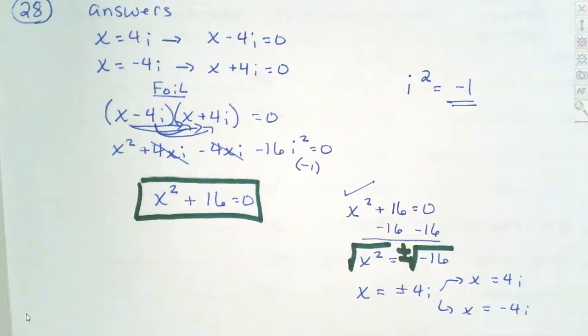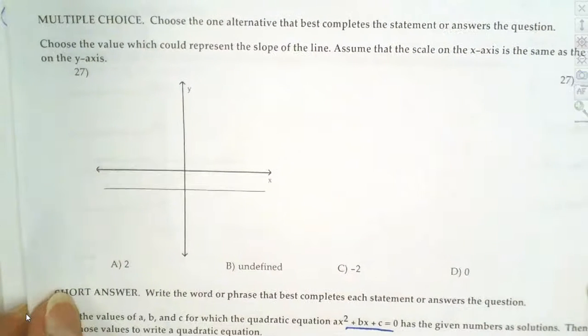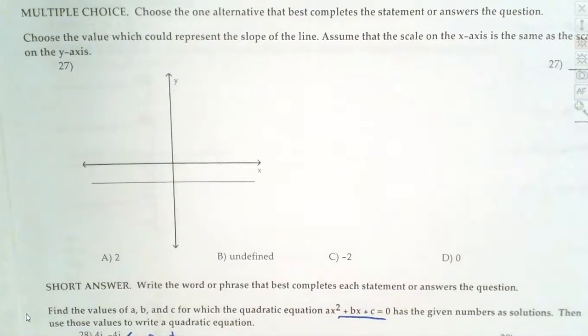I think that should take care of most of these. Let's just talk about 27 quickly. It's very, very easy. Which one of these do you think is the correct choice for 27? I don't want you to miss this question. Yep, it's a horizontal line, isn't it? Right? Now, is it undefined or is it 0? 0, right? Horizontal lines have a slope of what? 0.